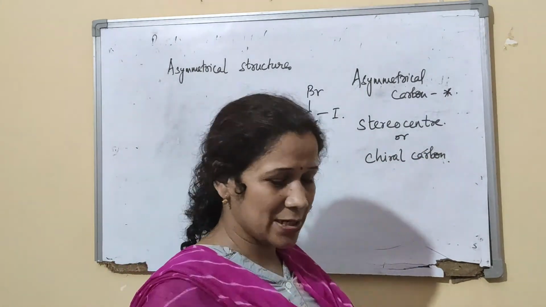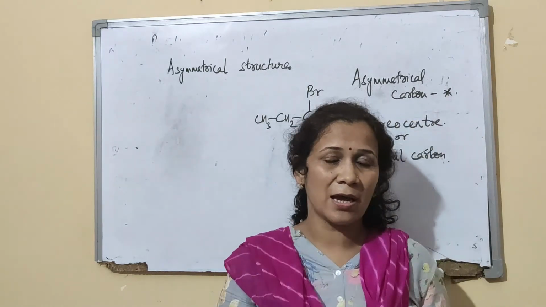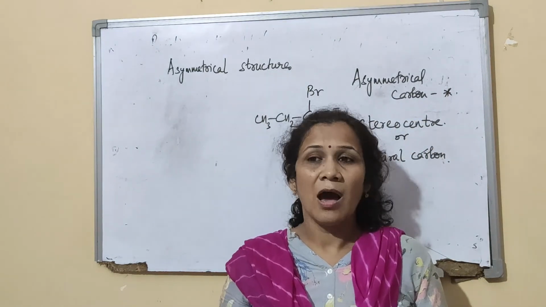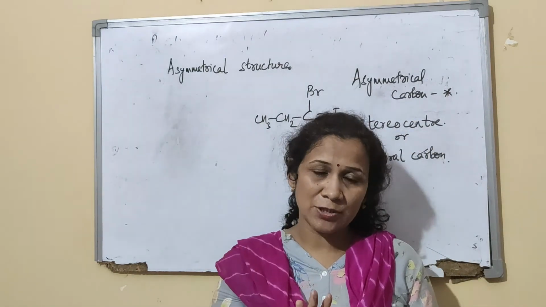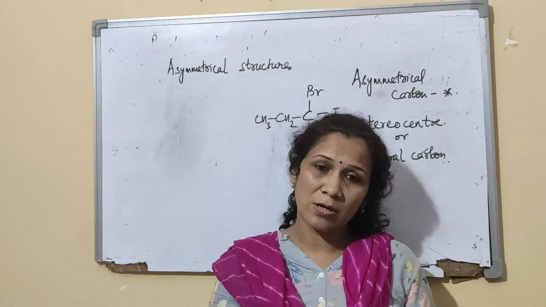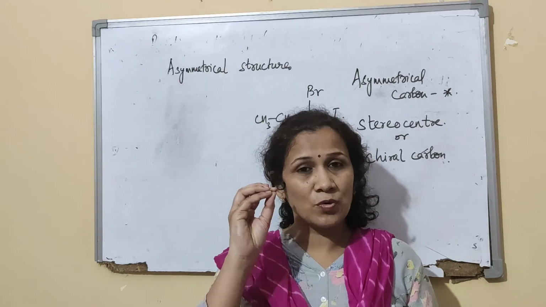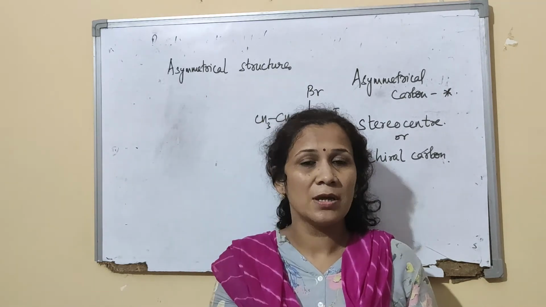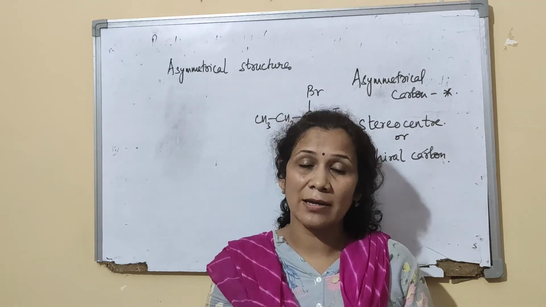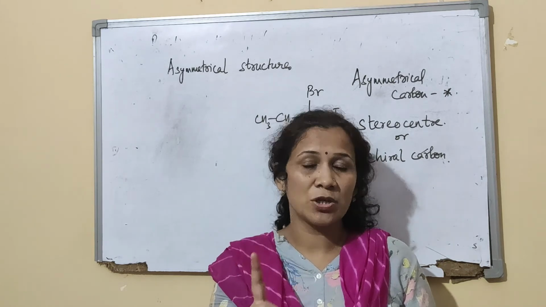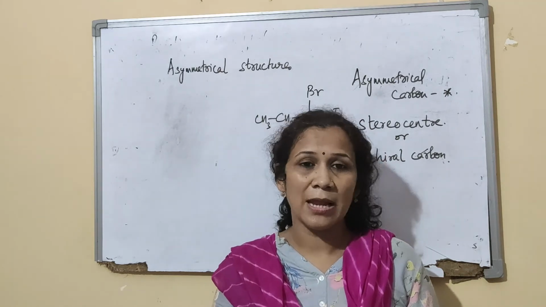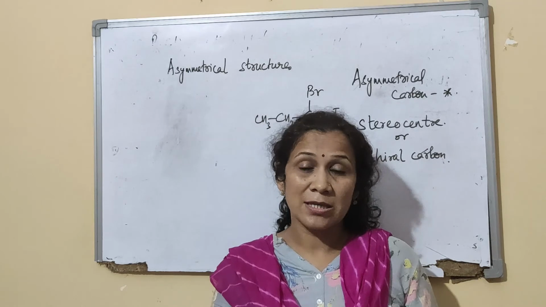So what is the basic technique of knowing if there is any chiral carbon? Just see whether the 4 groups attached to the carbon are different or the same. If 2 groups are the same, it is not chiral. If you see all 4 groups different, that means it is a chiral carbon, and that molecule will show you optical activity. So that is very important.